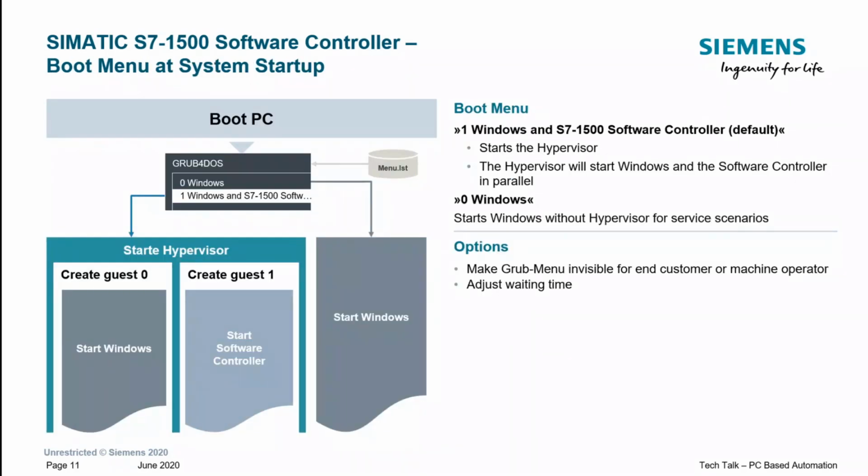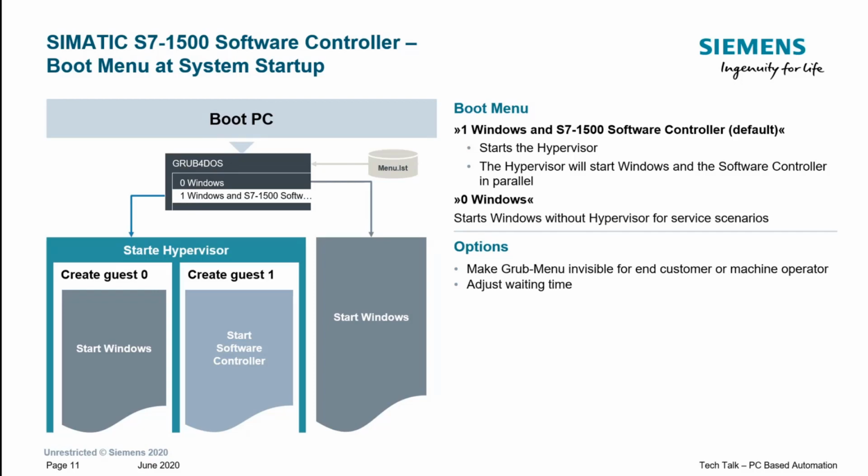Now, how this happens in effect is when we turn on any device that has the software controller installed. So this is the same principle for the IPC based offering and the open controller device itself. What we're greeted with is this custom boot menu, and the boot menu is basically giving us two options.